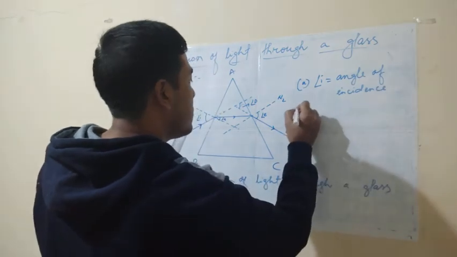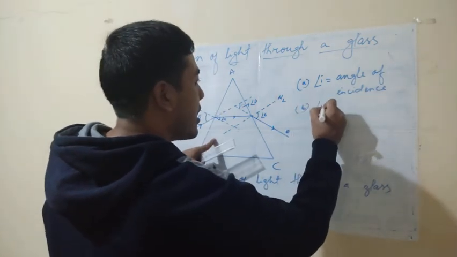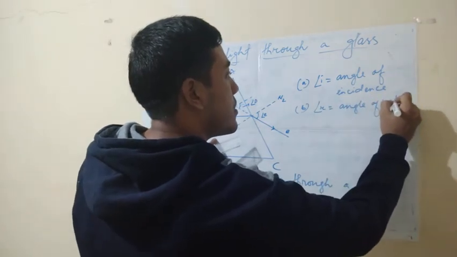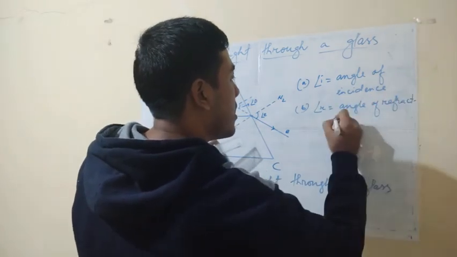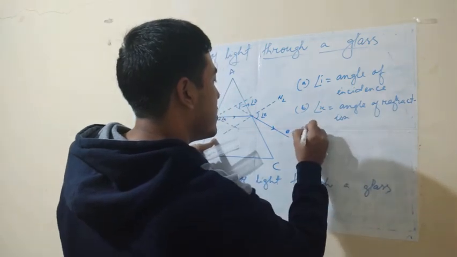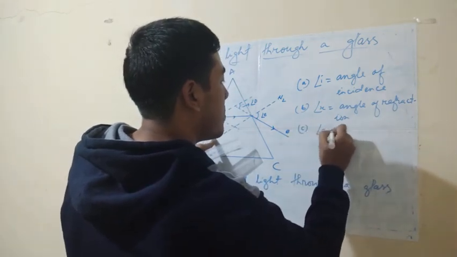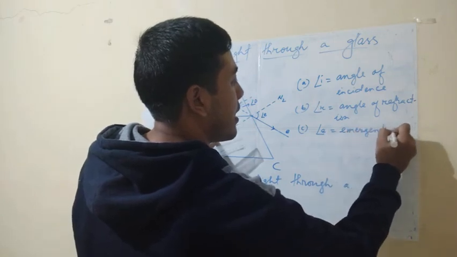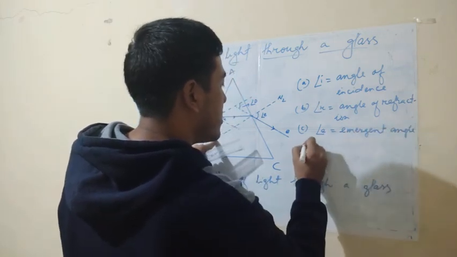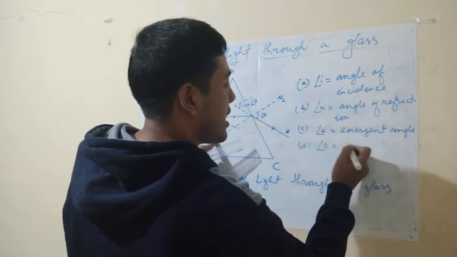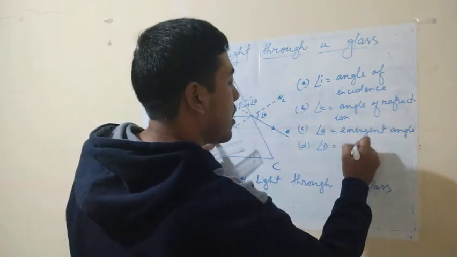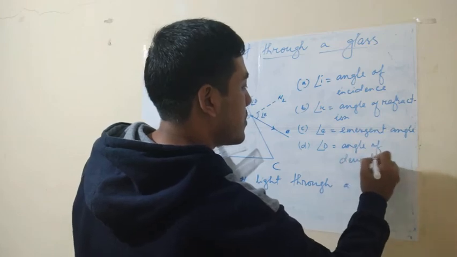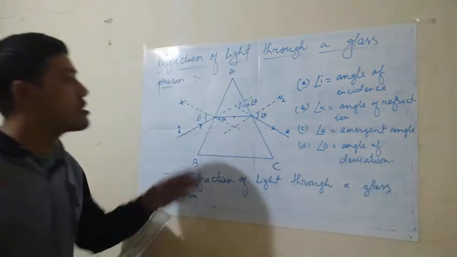Point B, angle R is known as the angle of refraction. Point C, angle E is known as the emergent angle. This angle D is known as the angle of deviation. Many times this question comes.